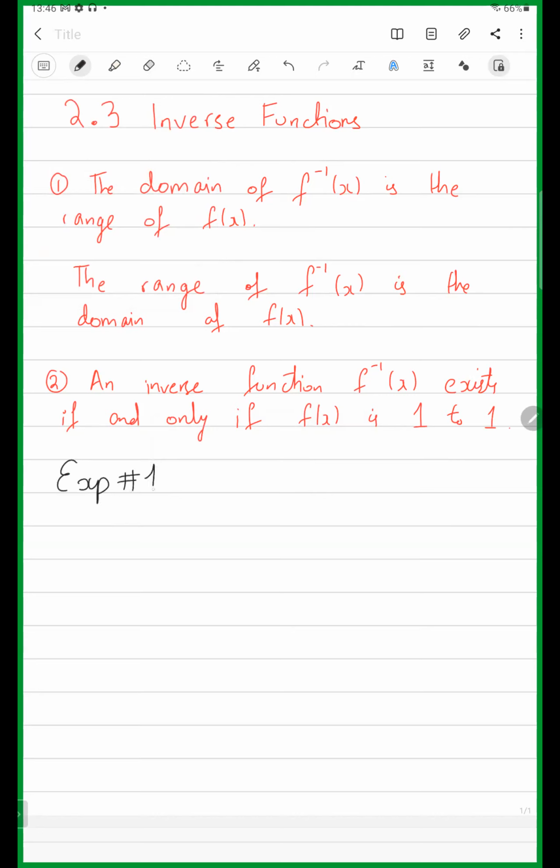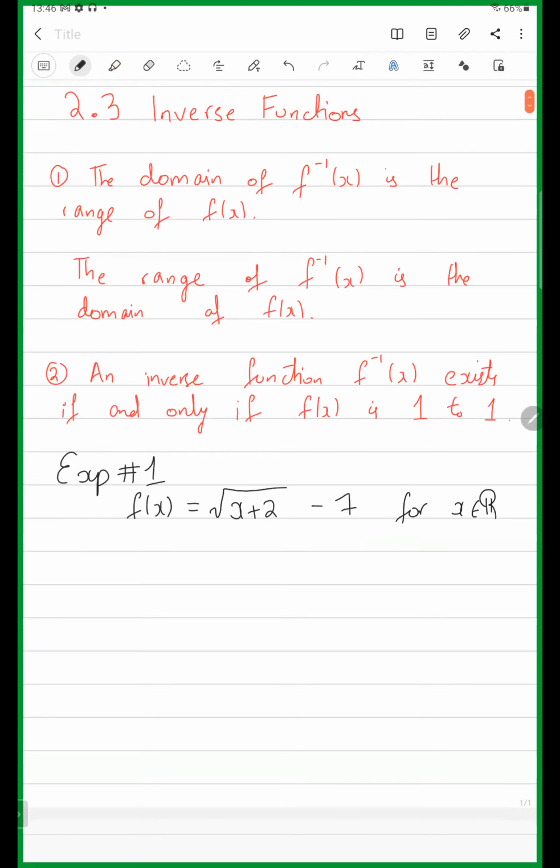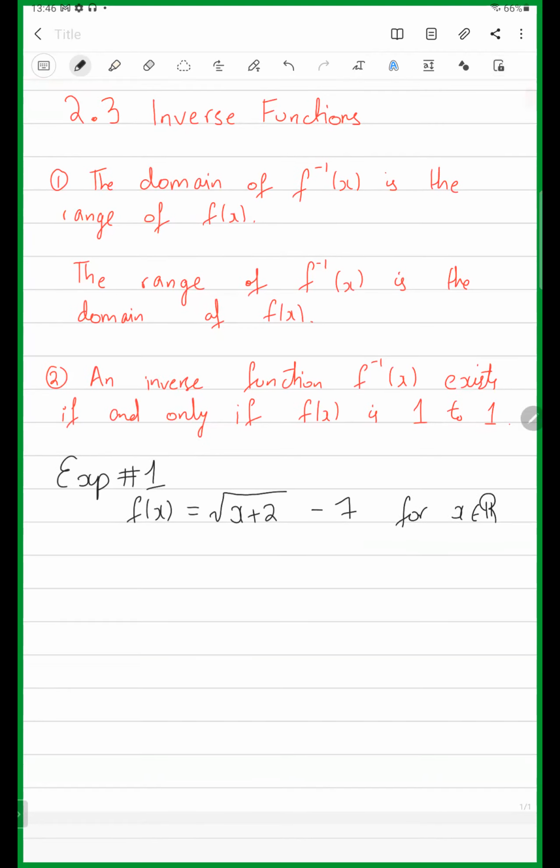Example number 1. Okay, let's start off with a simple example. F of x is equal to root x plus 2 minus 7, for x belonging to the set of real numbers and x greater than or equal to minus 2.